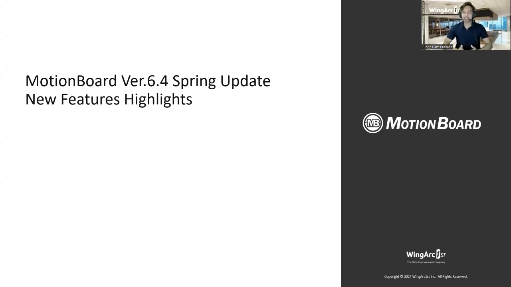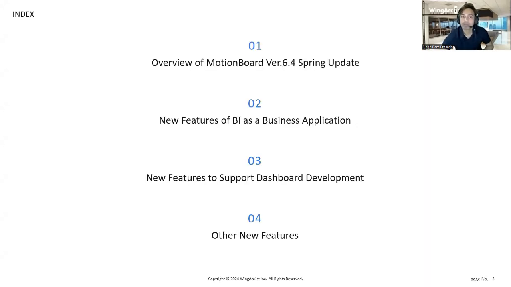Now, let's start the introduction to the new features of MotionBoard version 6.4 Spring Update. Today, I will explain the new features using this document. You can download this document from our support site. Please check the description of this video for the download link.